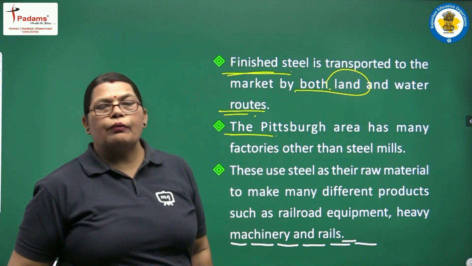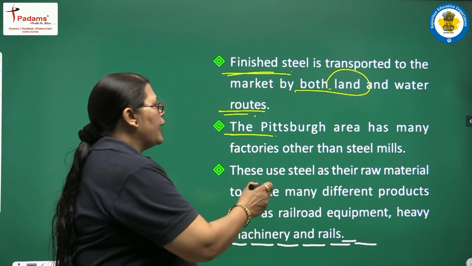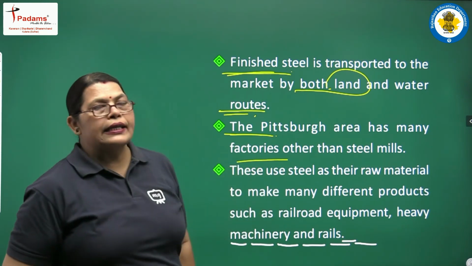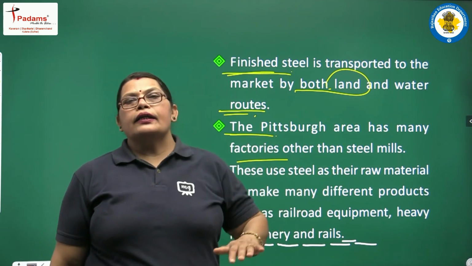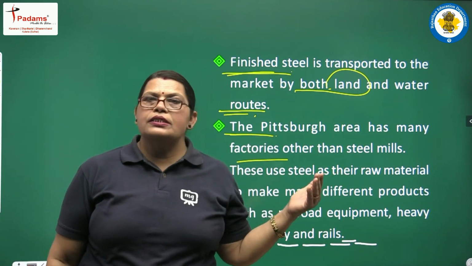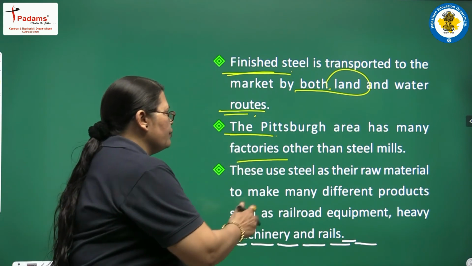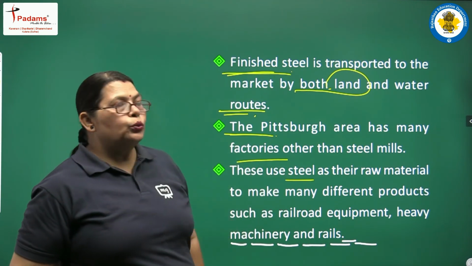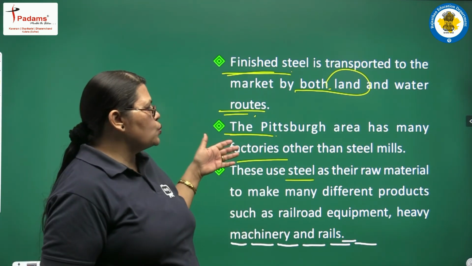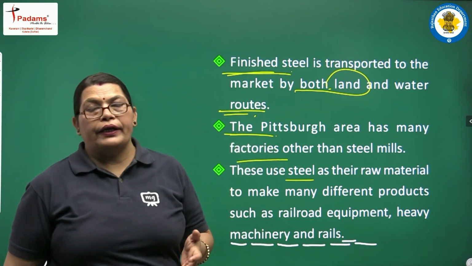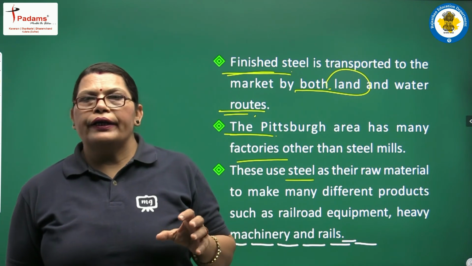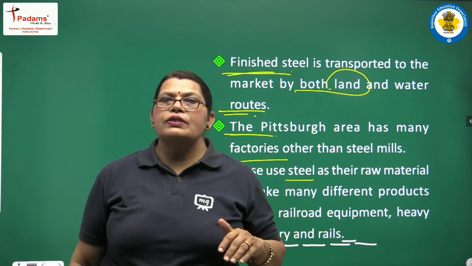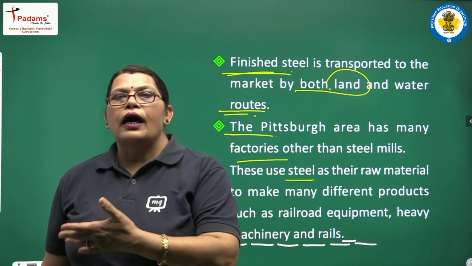When we are talking about the Pittsburgh area, it has many factories other than steel mills. Other factories use steel as their raw material. In the starting we discussed raw materials, students. Yes, steel itself is a raw material for other industries.